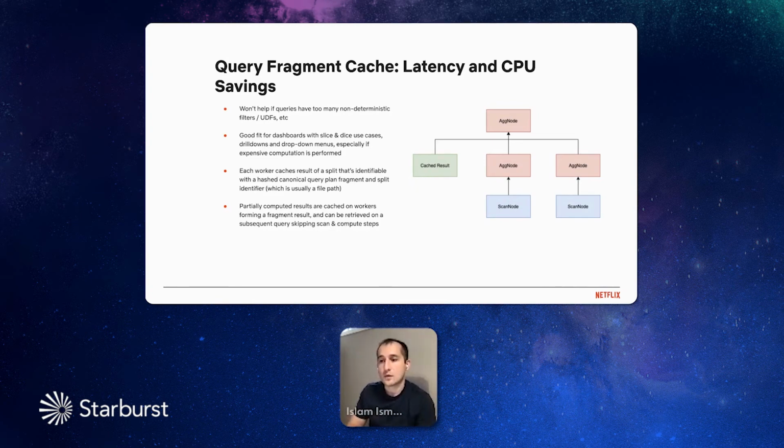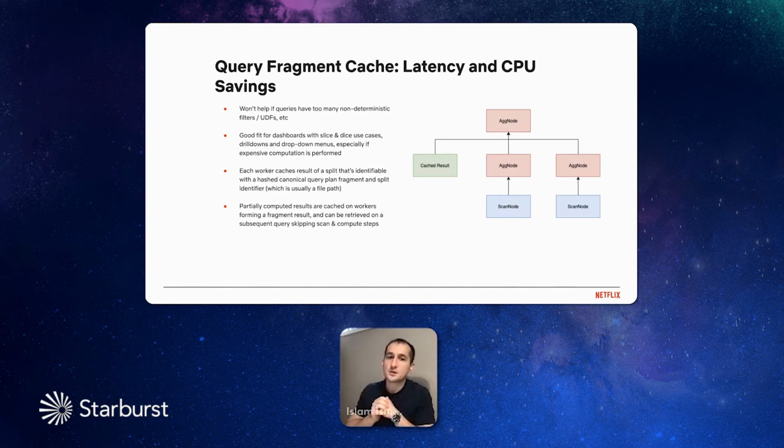Once that work is done, you can cache that result again in that EBS SSD volume that I talked about. So the fragment result is a little bit more targeted towards these dashboard cases, where you have similar filters, similar slice and dice use cases, drill downs, and your query shapes are not as wildly varied as if you just gave a command line and people entered their queries in any way, shape, or form.